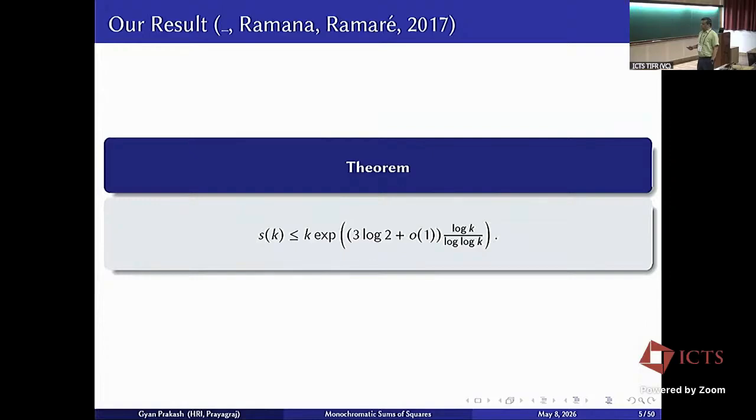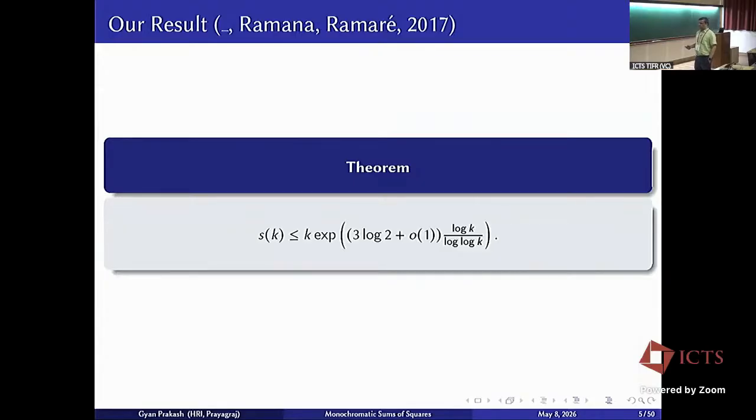In today's talk, this is work from 2017, so reasonably old work, I will try to give you a sketch of the proof for this S_k upper bound, k exponential 3 log 2 plus little o of 1, times log k by log k.